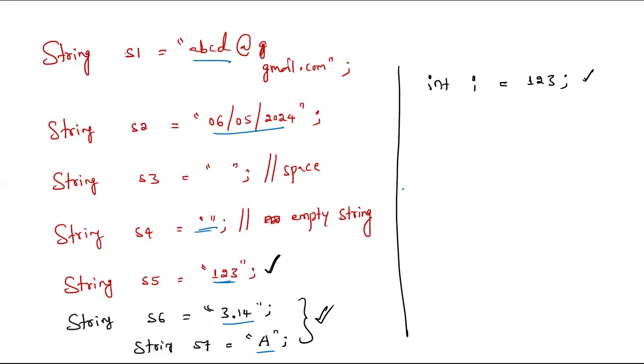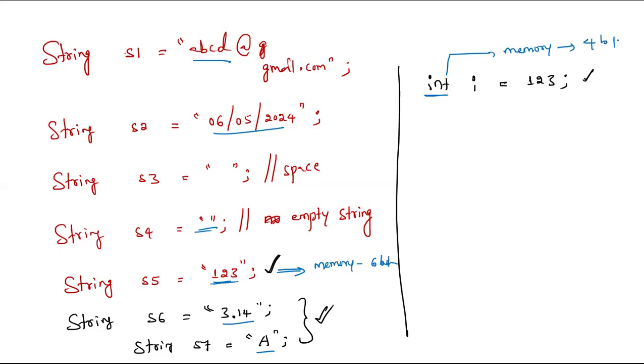So your answer should be, for example, if we take this 123, it is a combination of how many characters? 3 characters. Then how much is the memory? 6 bytes of memory. Next, if it is int type, how much memory consumption will be for an integer? 4 bytes.